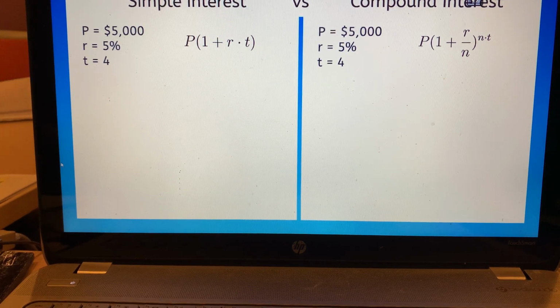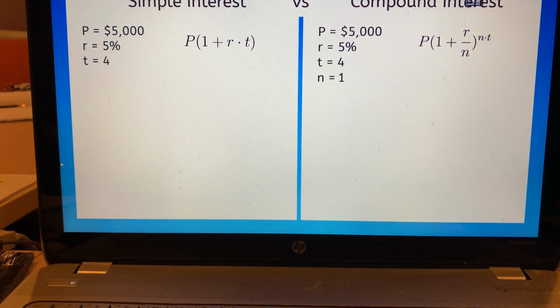Let's say you get a $5,000 loan your freshman year of college with a yearly interest rate of 5%, which you wait to start paying back until you graduate 4 years later. Of course, compound interest has one extra variable to account for. So let's make it easy and say it only compounds once a year.